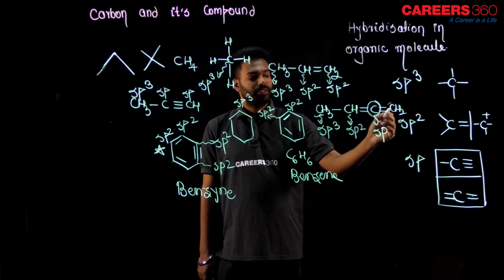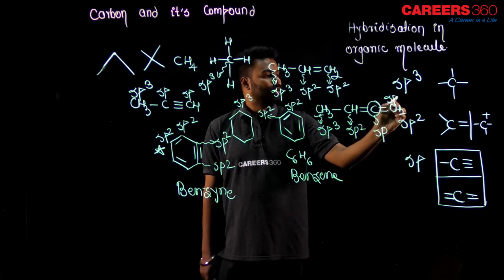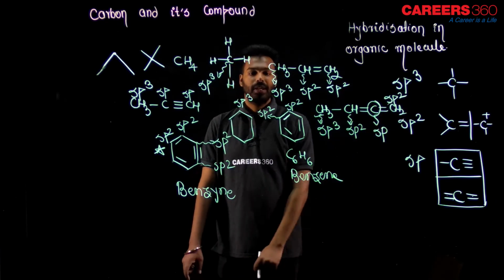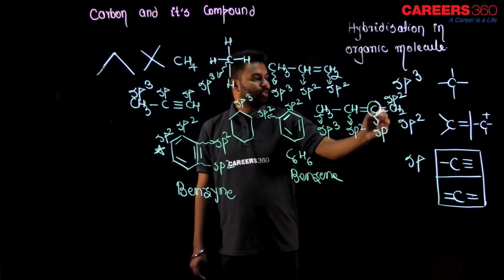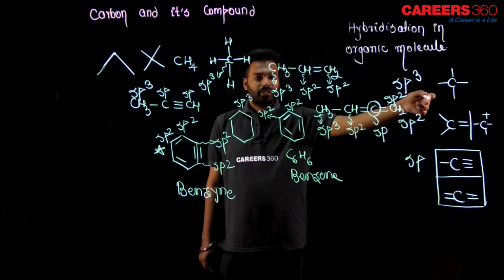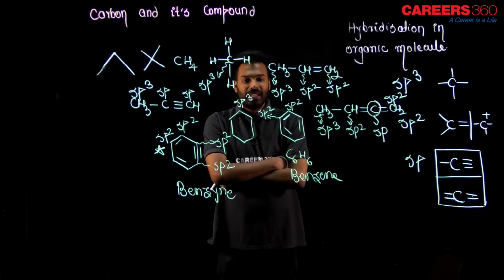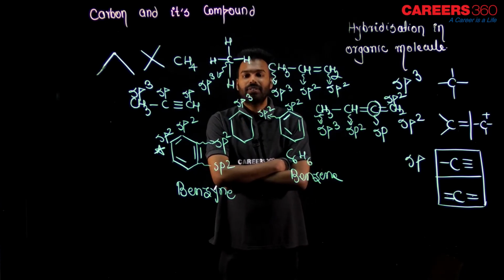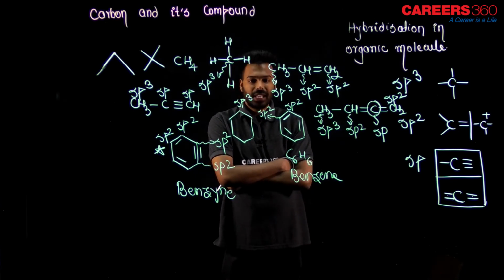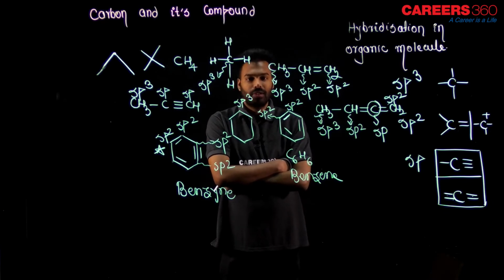This carbon is connected with one double bond, so it is sp2 only. So in this way, with this particular technique of single bonded, double bonded, triple bonded connectivity, you can answer the hybridization questions easily in your competition exam as well as in school also.